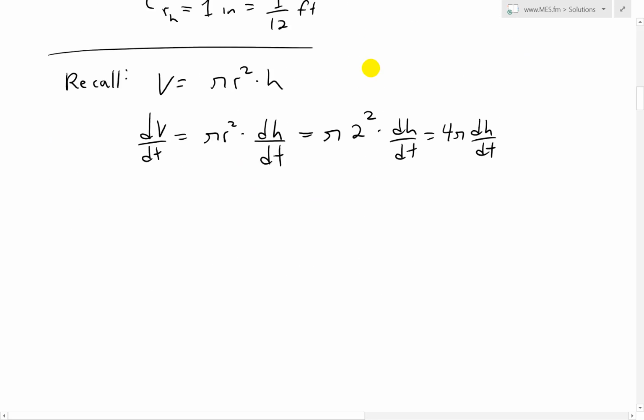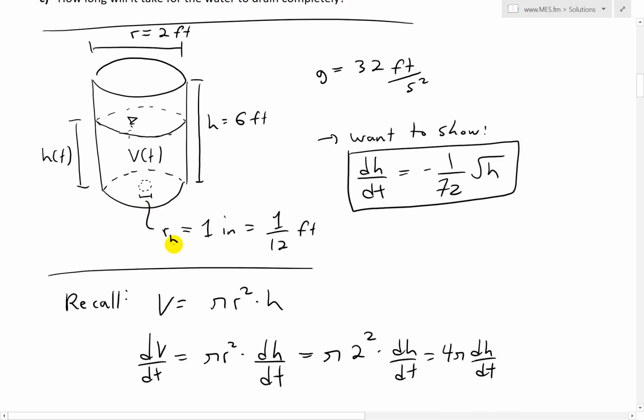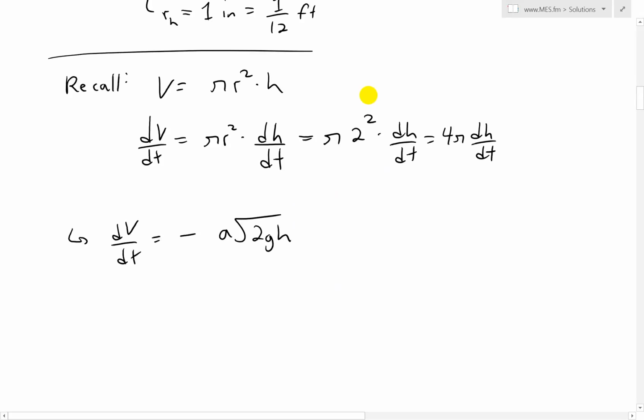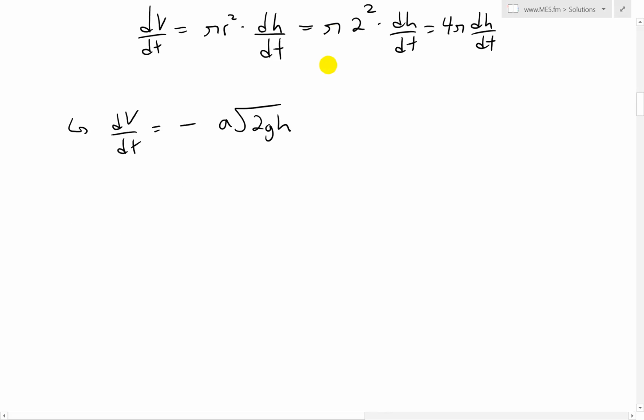So dV over dt is equal to -a times the square root of 2gh, where the area a right here, with the hole radius r_h, is basically just a circle, so pi r_h squared.